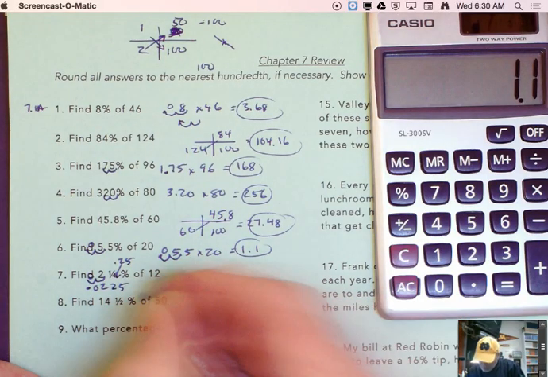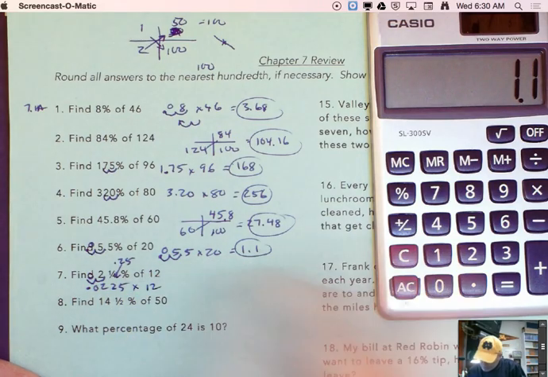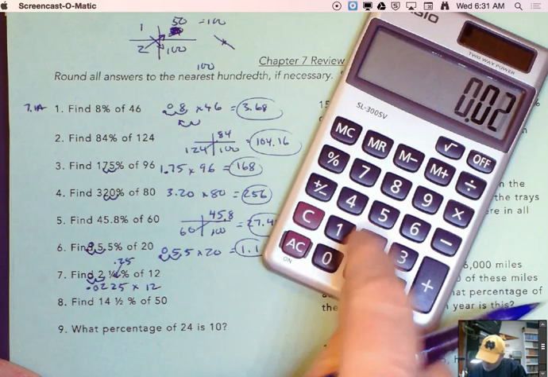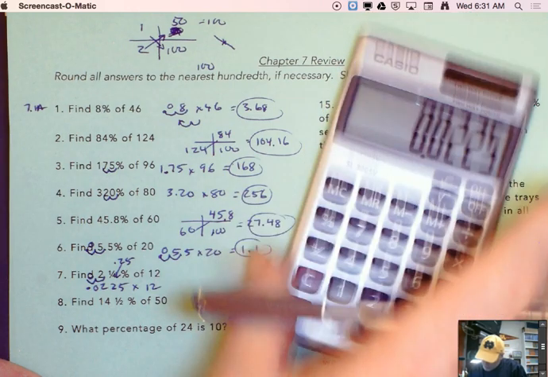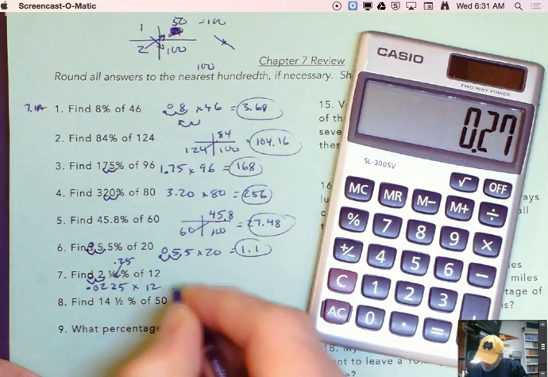And then you multiply that straight away by 12. I'll do that. 0.02, there's my 2%. Here's my 25, the extra 1/4%, times 12, and it equals 0.27.